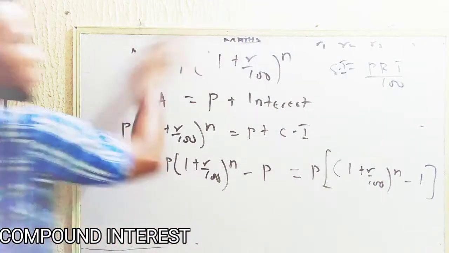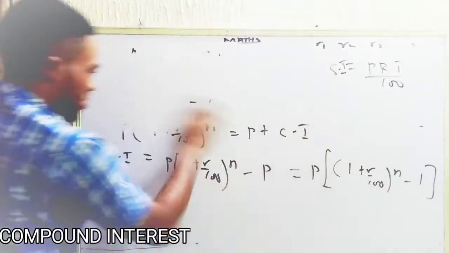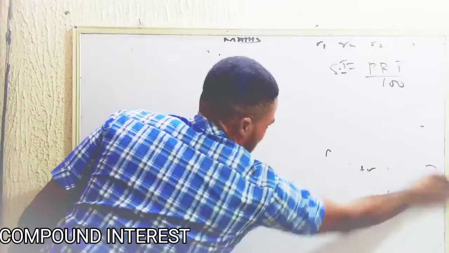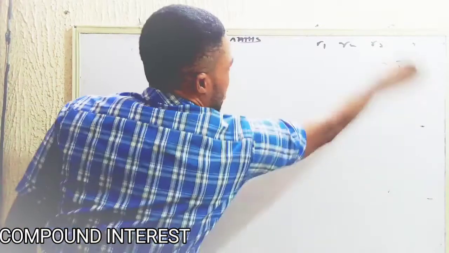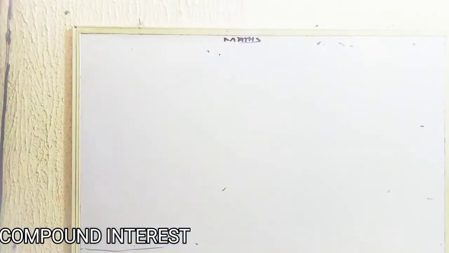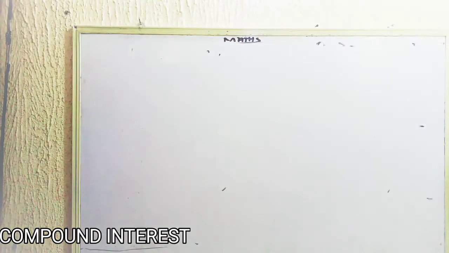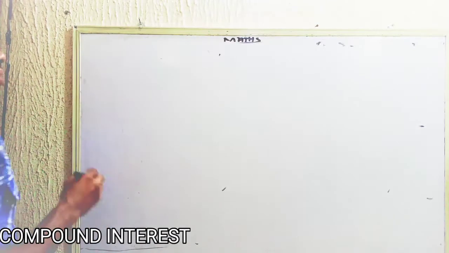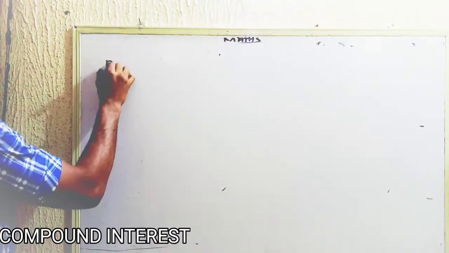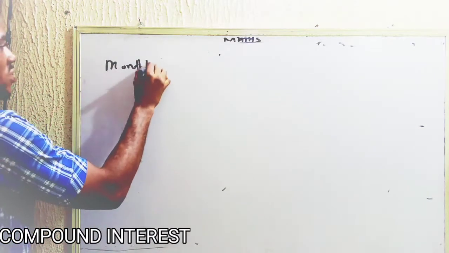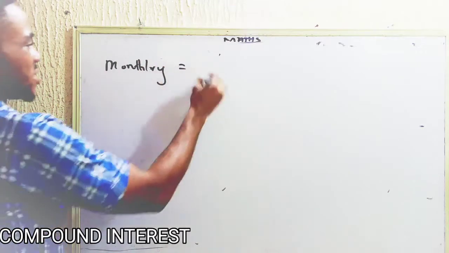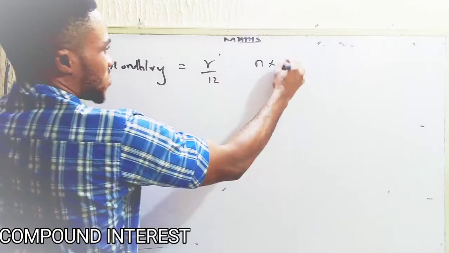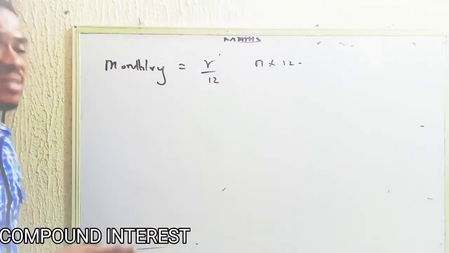There are some things you should notice about compound interest. The time is always in years, but if the condition changes, you should take note of the changes. For instance, if you hear that the interest was done monthly, the effect is that the rate will be divided by 12 while the time will be multiplied by 12.